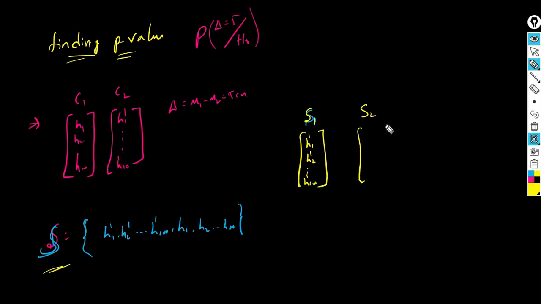The remaining 100 people we will take as another subset: H2 1, H2 2, up to H2 100. Similarly, we will take another subset.